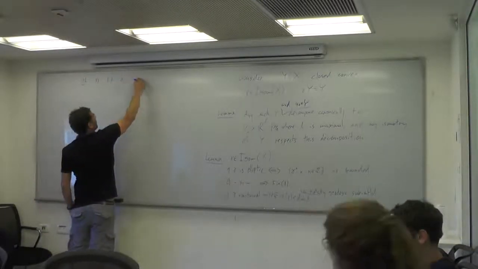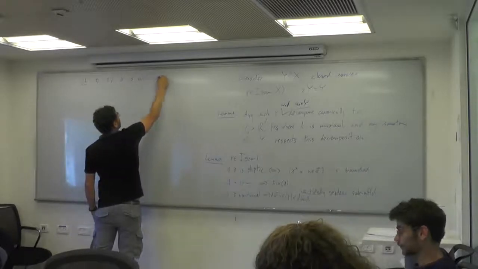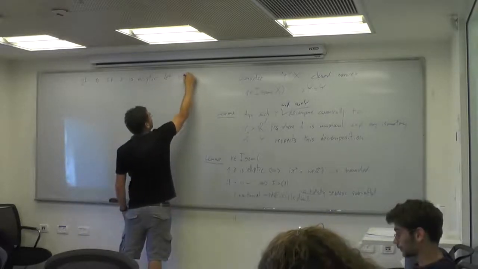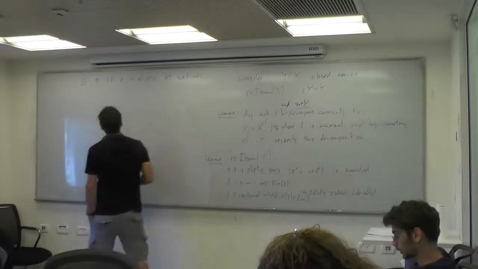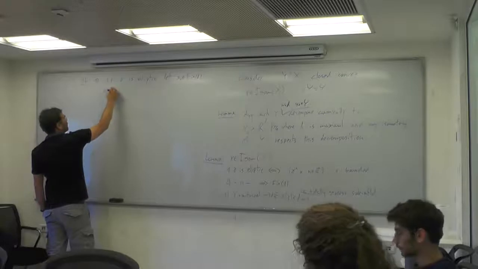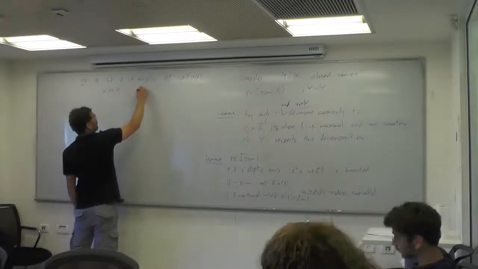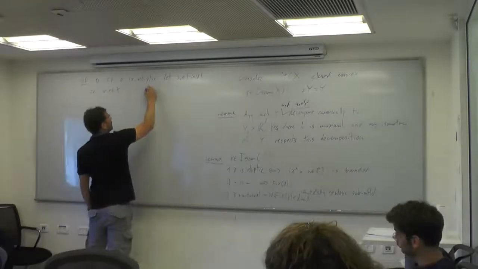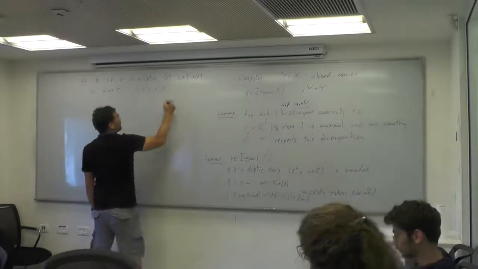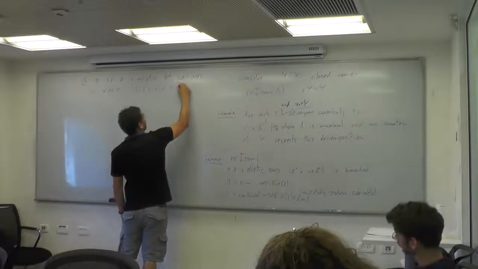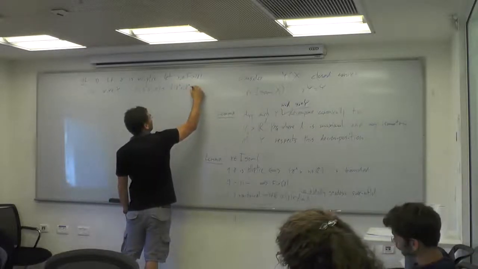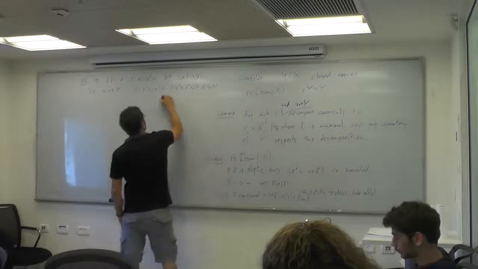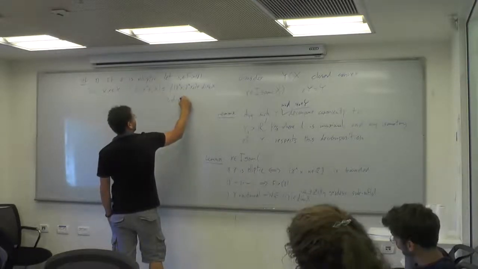If gamma is elliptic, let x0 be a point in Fix gamma, and then for any x and any n, the distance of gamma n x is at most the distance of gamma n x to gamma n x0 plus the distance of x0 to x, which is twice the distance to x0, so it's fine.